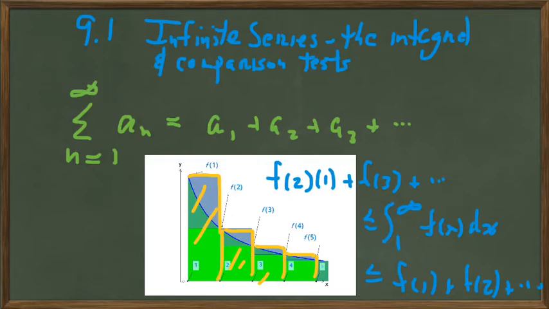The difference between these two sums involving the function f is that this one starts at f of 2 and this one starts at f of 1. So let's continue on the next blackboard to write this in a different way.